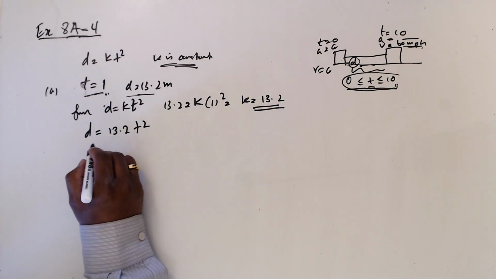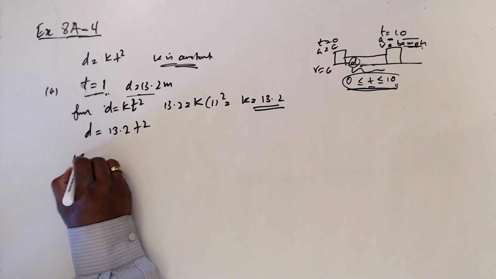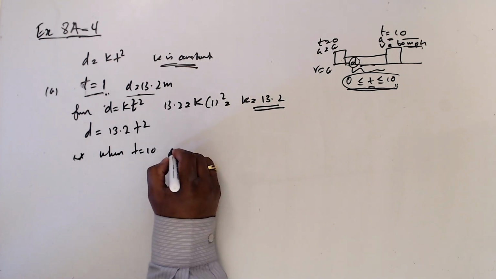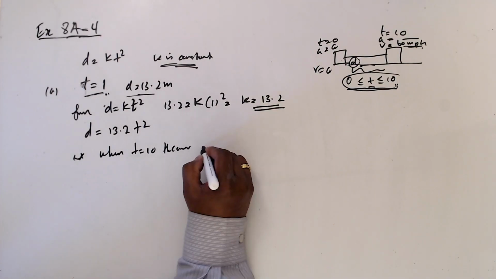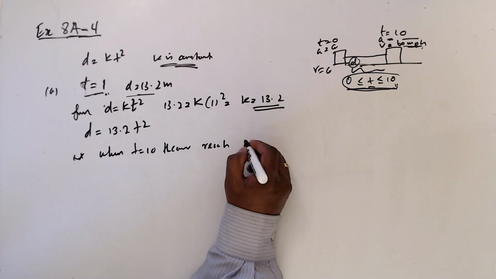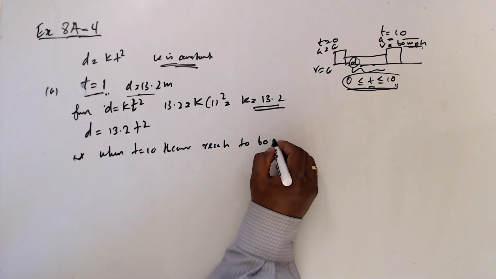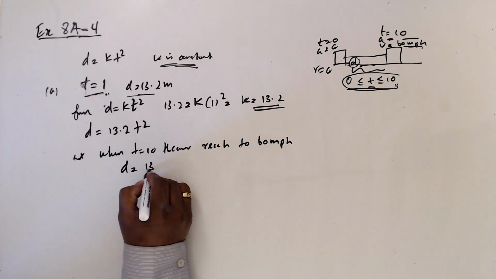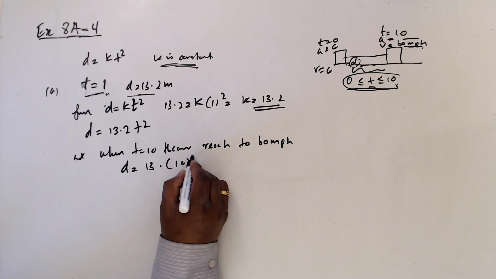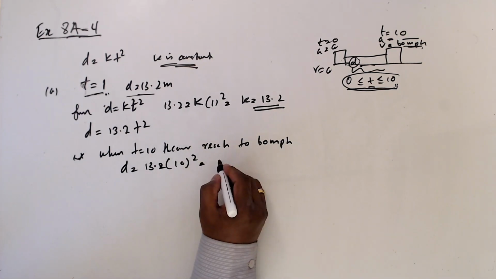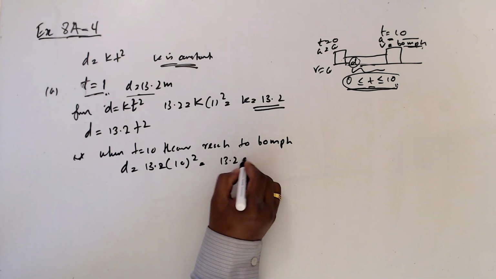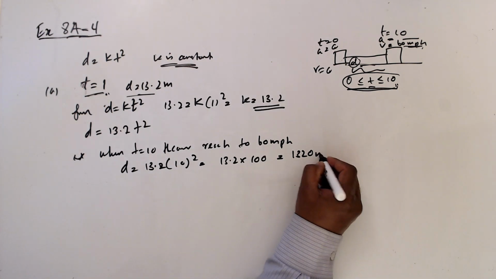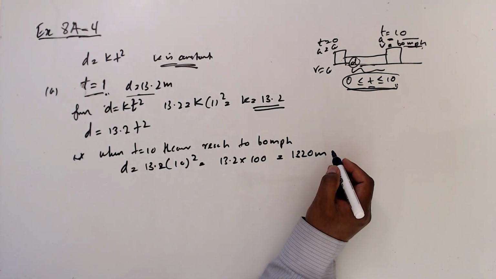So d equals 13.2 times 10 squared, which is 13.2 times 100, that is 1320 meters.